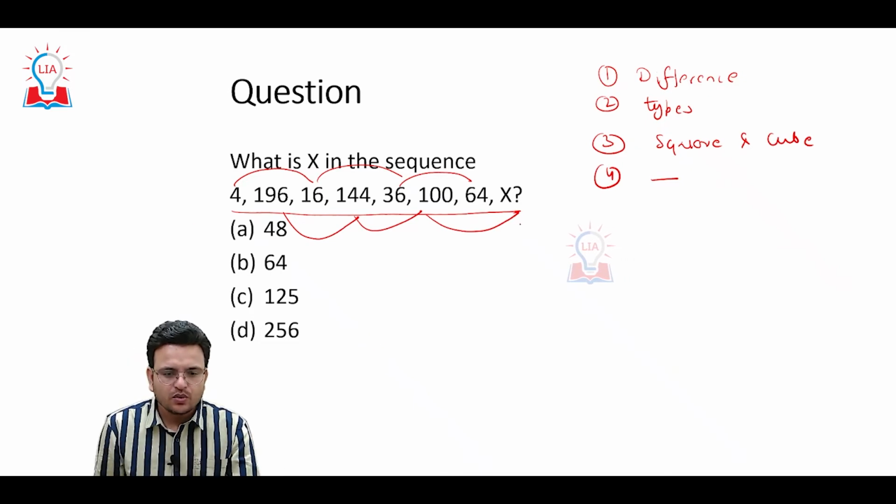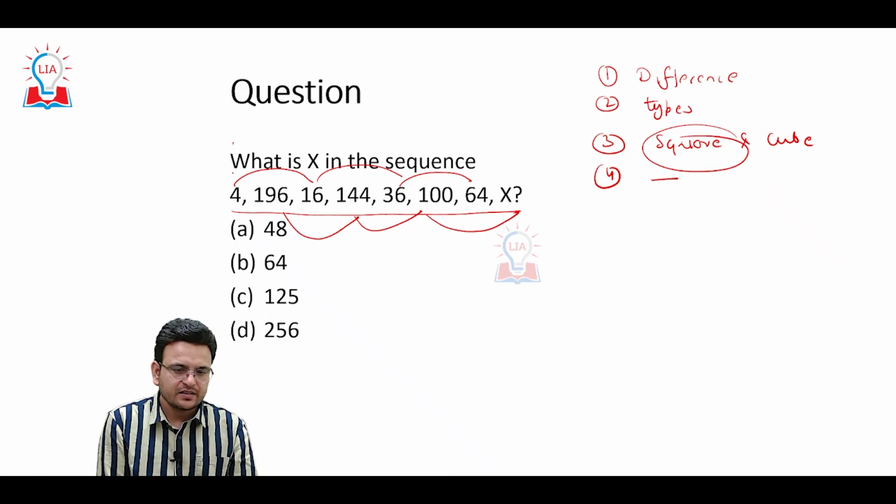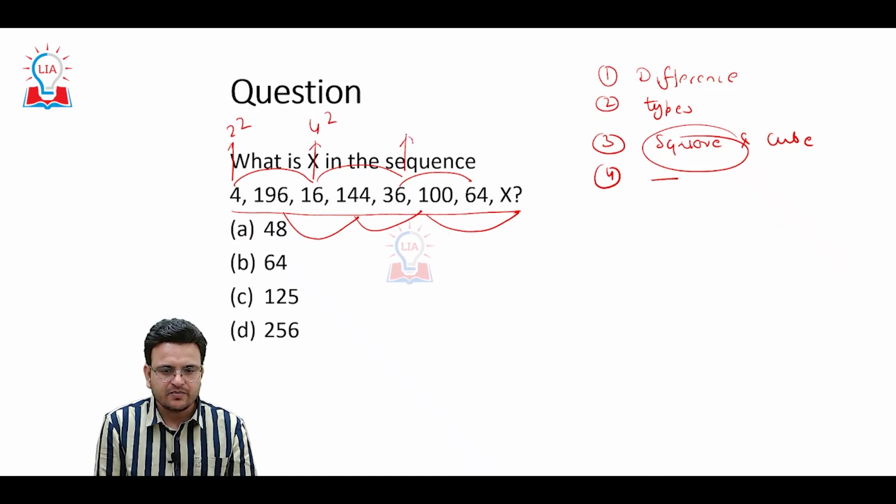If you see, all these numbers are squares. Like the first number is 2 square, the second number is 4 square, the third number is 6 square, the fourth number is 8 square.